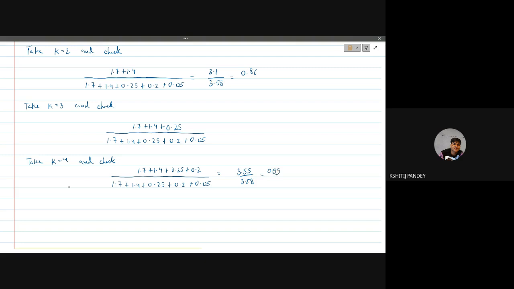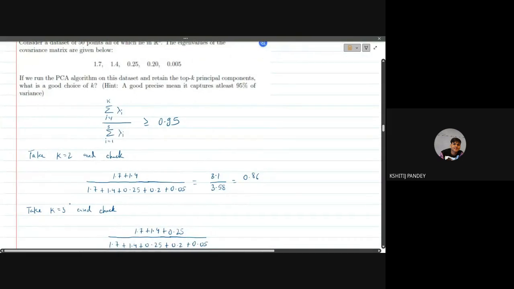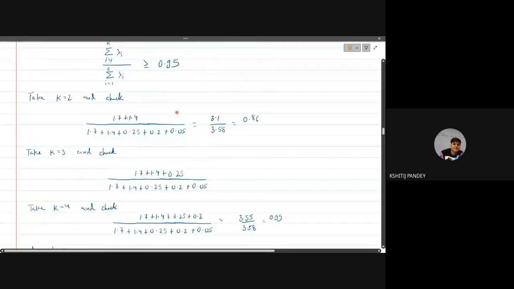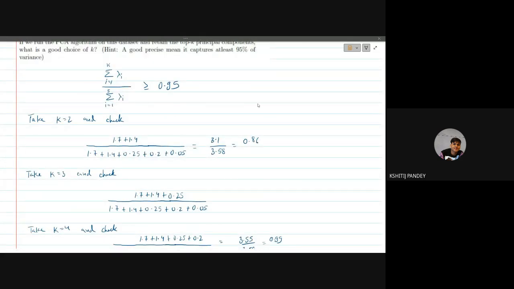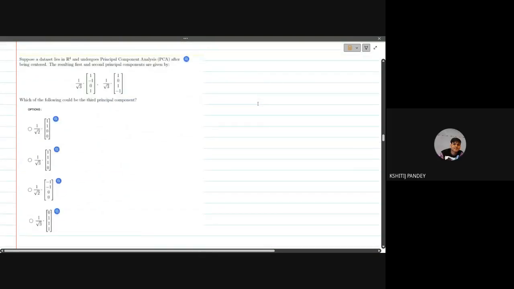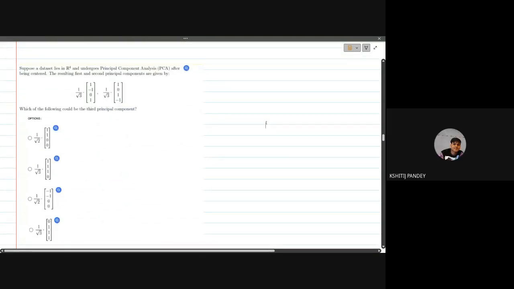So the answer is k equal to 4. So is this clear? Is this clear to you all? Yes, sir. Okay, let's continue and move to the next question.